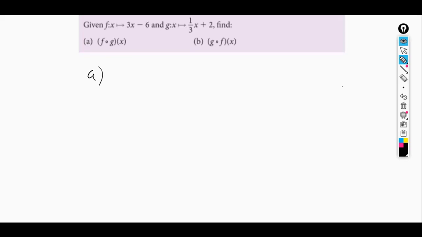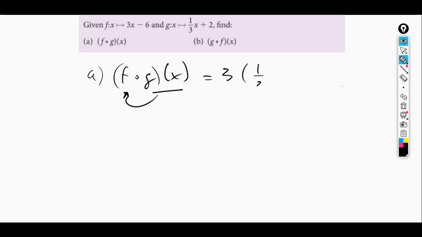So for a, we do f of g of x, but recall that that is the same as just plugging g of x in f of x. So f of x is the outer function, so it would be 3 times g of x, which is 1/3 x plus 2, and this minus 6.